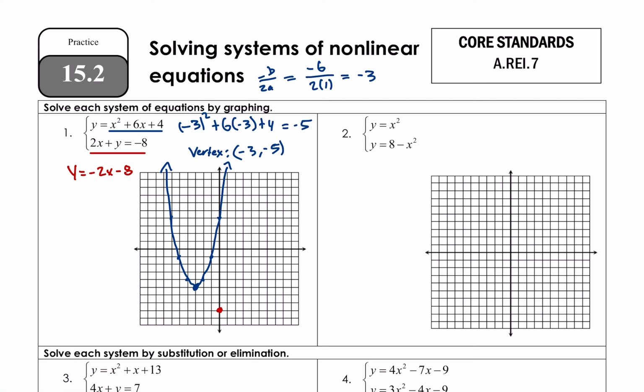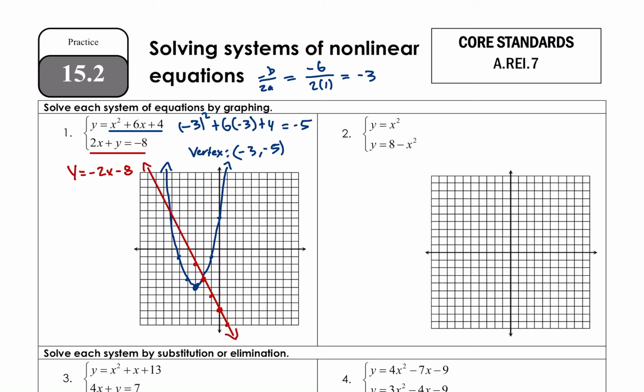And then my slope is negative 2, so down 2 to the right 1. Or I can back it up, go up 2 to the left 1, up 2 to the left 1, and so on. Once I've got enough points that I feel confident, I can draw that line just like that.